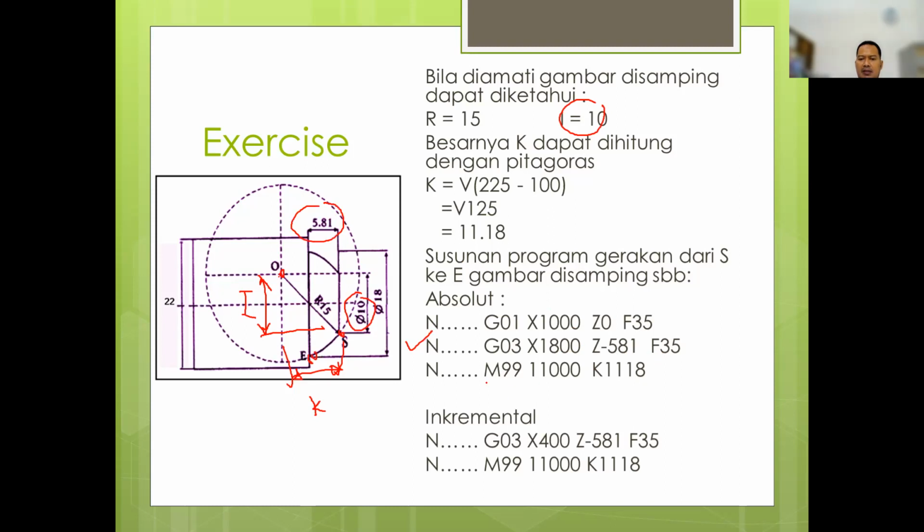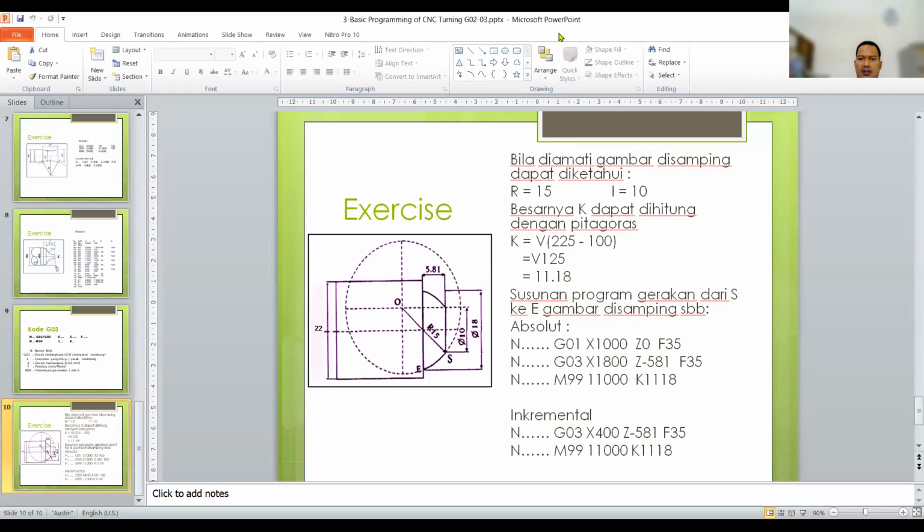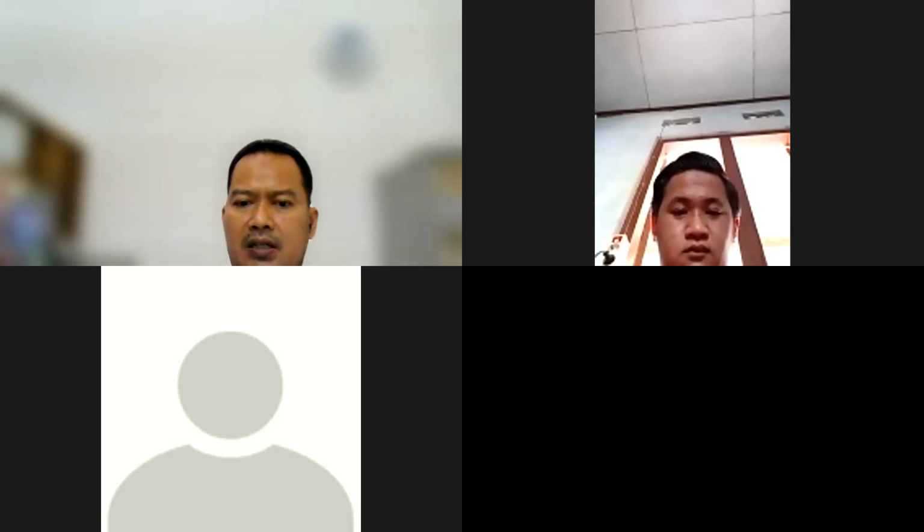And then with the M99, just fill the I and K here. Just see the absolute vector. Okay, that is the explanation about the use of G02 and G03.